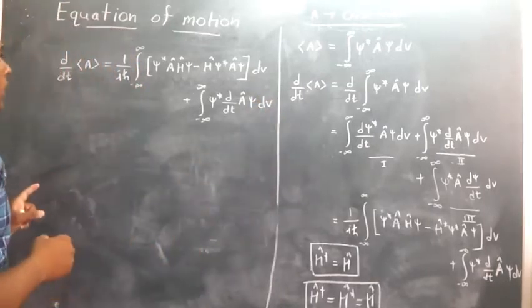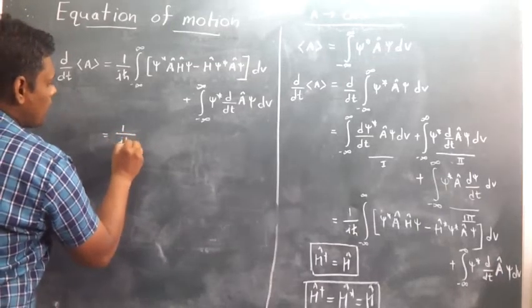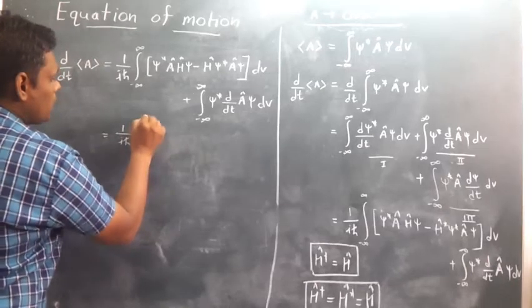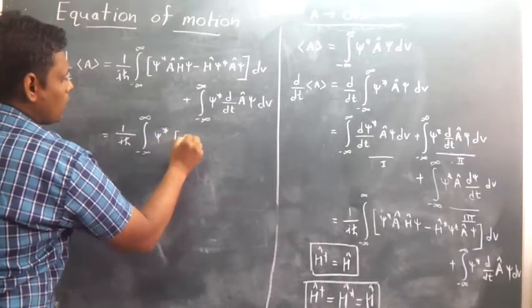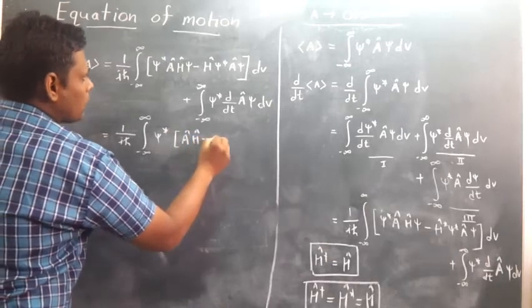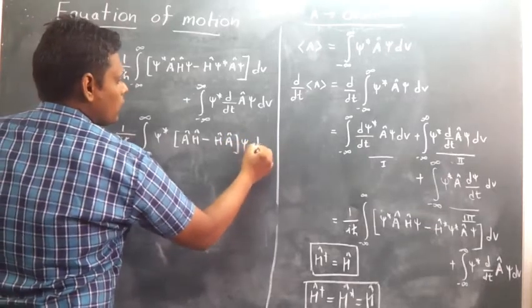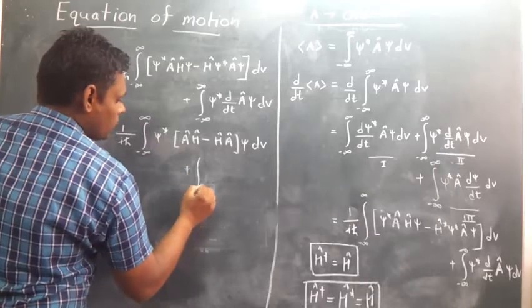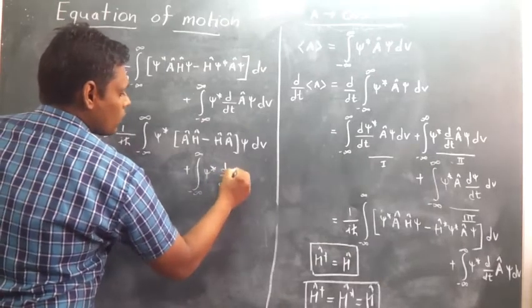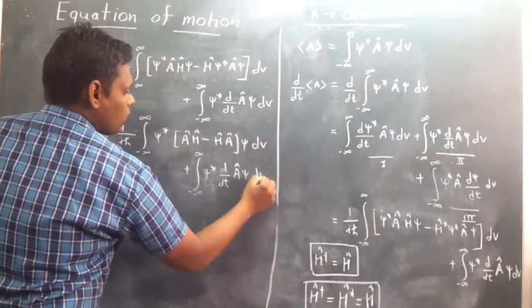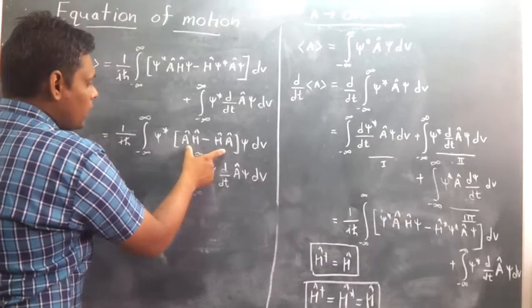So I am going to separate this out. What we have is 1 upon i h cross, integral from minus infinity to plus infinity of psi star, (A H cap minus H cap A cap), psi dV, plus the integral from minus infinity to plus infinity of psi star, d upon dt of A cap, psi dV.